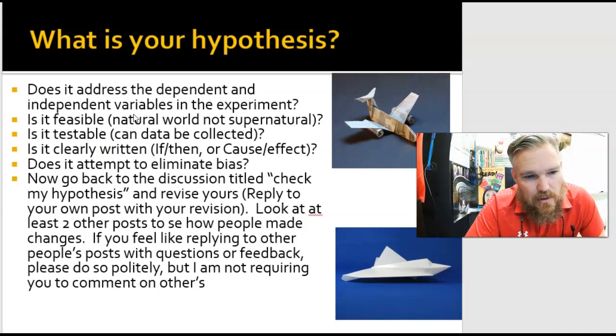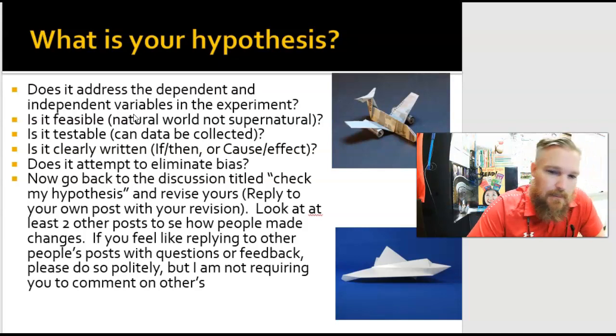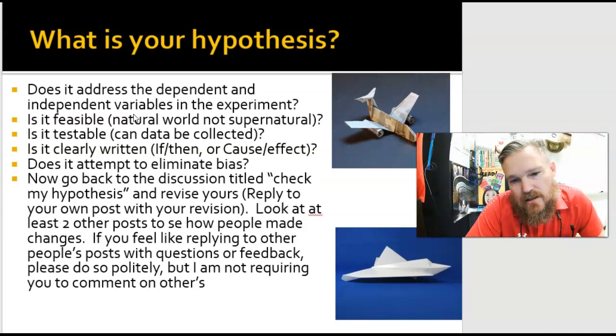And then this is a big one here. We want to eliminate bias. Bias is where we lean toward an outcome. I already noticed in some of your posts, you're referring to certain planes as my plane, or you're saying the heavier plane feels like it will go further, or it has better folds so it will go further.